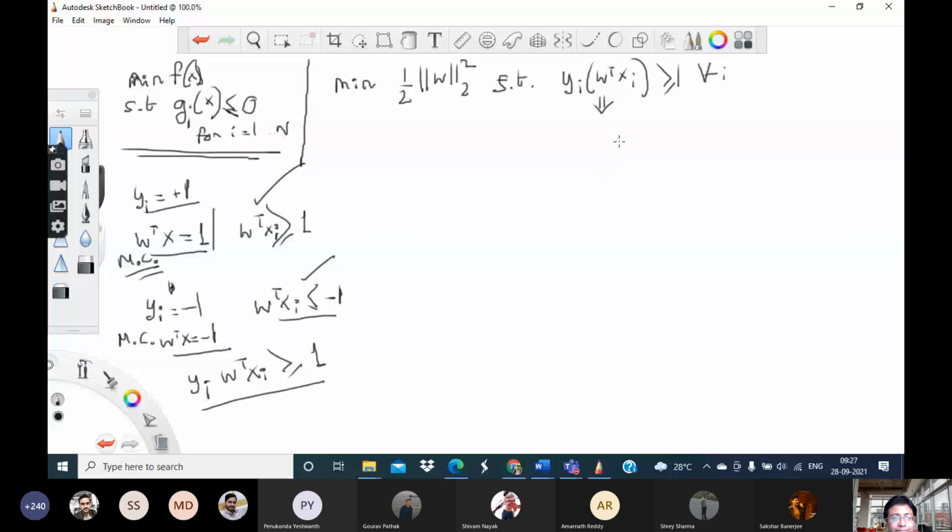Sir, why did we change our constraint from greater than 0 to greater than or equal to 1? That is because when I said the constraint is greater than or equal to 0, I was saying that with respect to the line w transpose x equal to 0, all the points are correctly classified. But I am not satisfied with that.